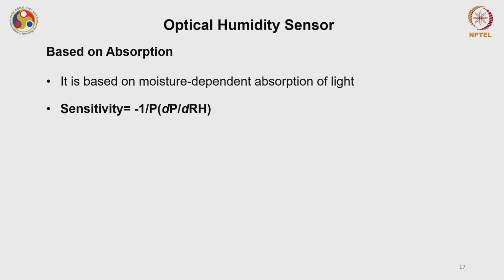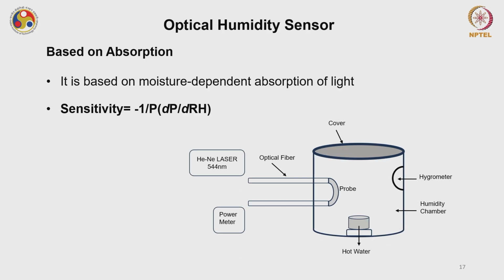Similarly, there can be sensors based on absorption. I am giving you one example of a humidity sensor which is based on absorption. You can see that I have an optical fiber, there is a probe, and I have this hot water system, which is used to intensify the humid condition inside. I have a standard hygrometer.